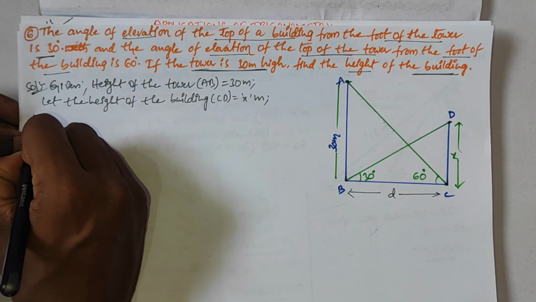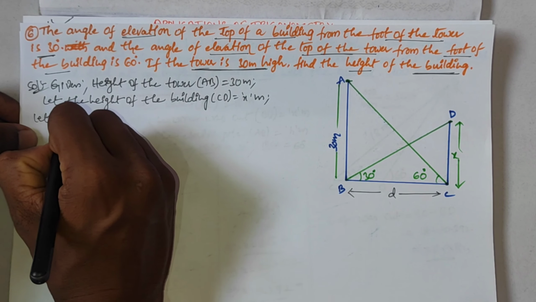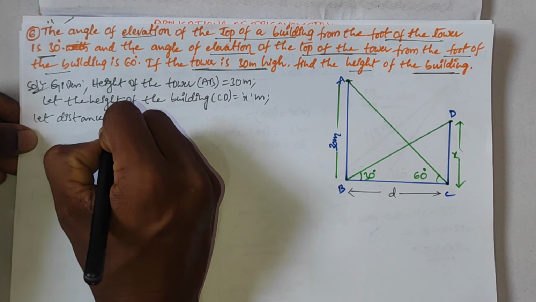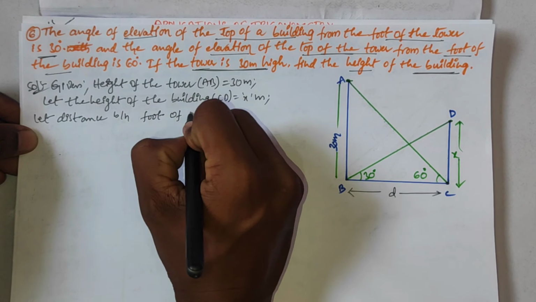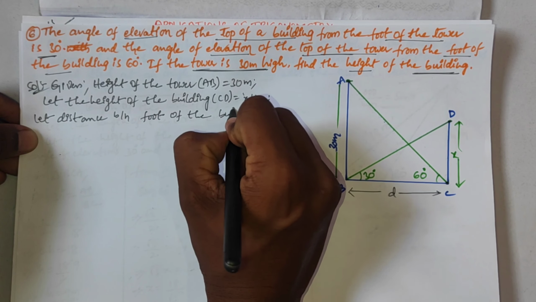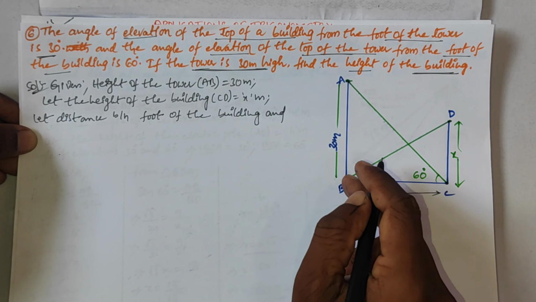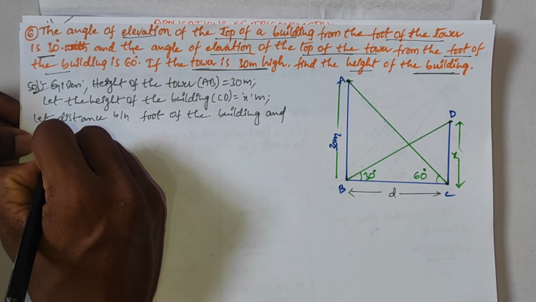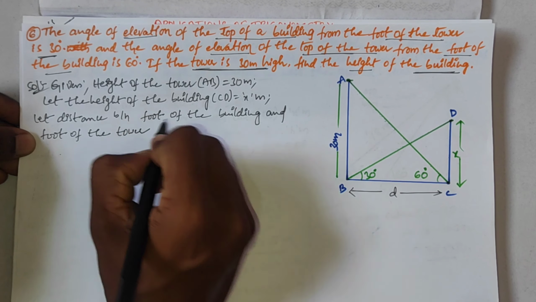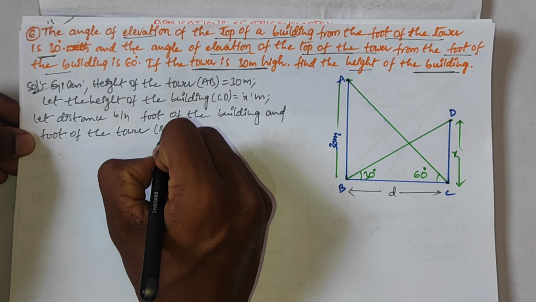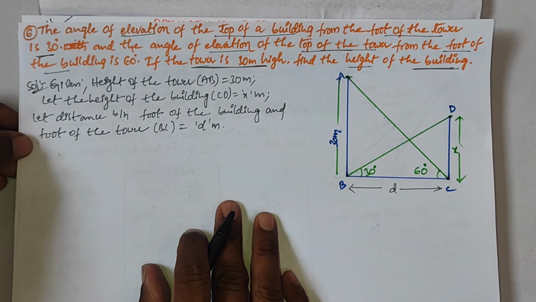And let the distance between the foot of the building and the foot of the tower, which is BC, be D meters, right?